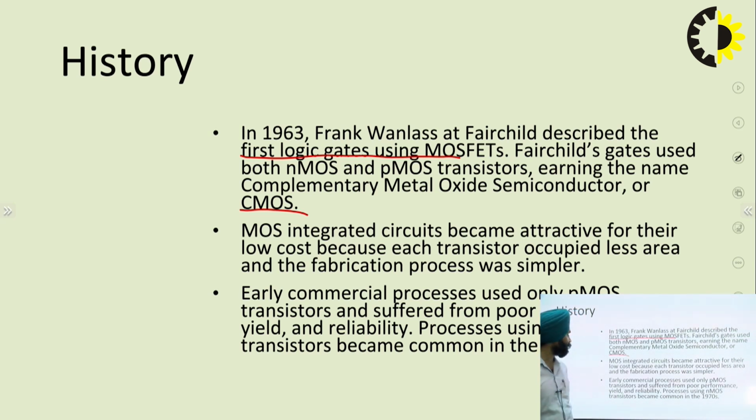MOS ICs were attractive due to their low cost. Also, the area occupied is less. This makes the whole fabrication feasible to a larger extent, and the process was simpler.